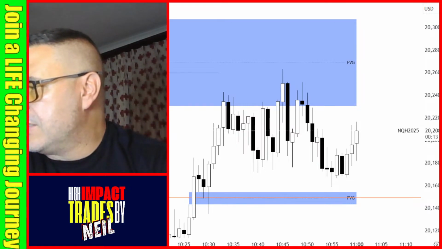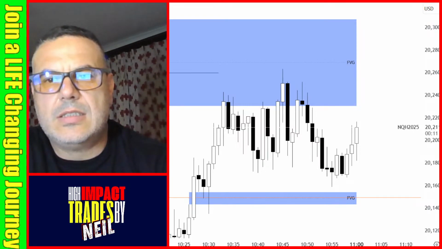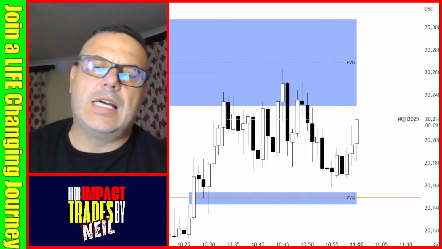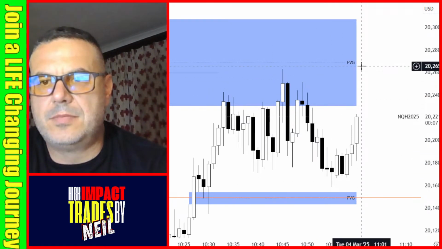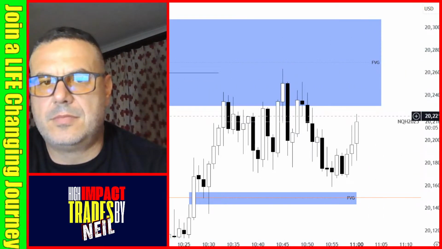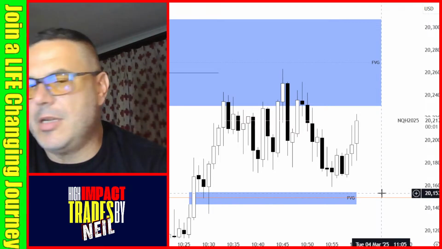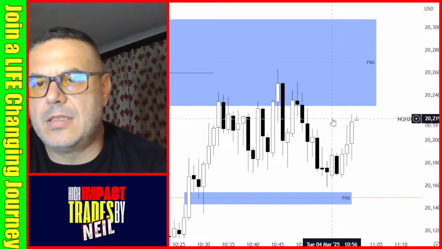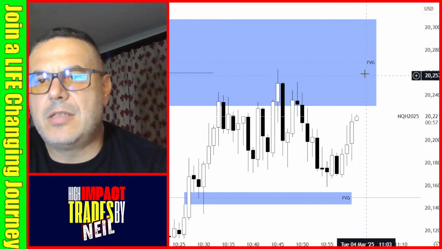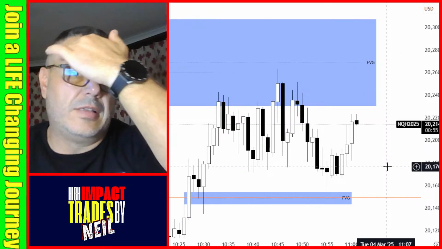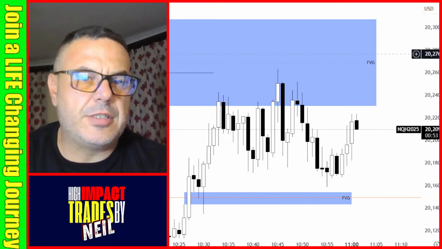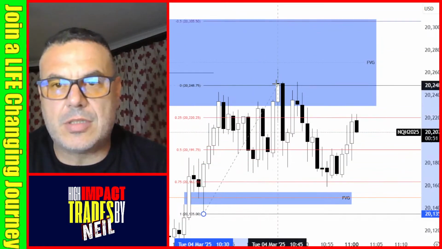Alright, so now it looks like momentum is starting to build to the upside. I'm not taking any trades here, but it looks like we might want to push higher from here. And again, I just want to show you guys something, this low here that we marked out earlier.